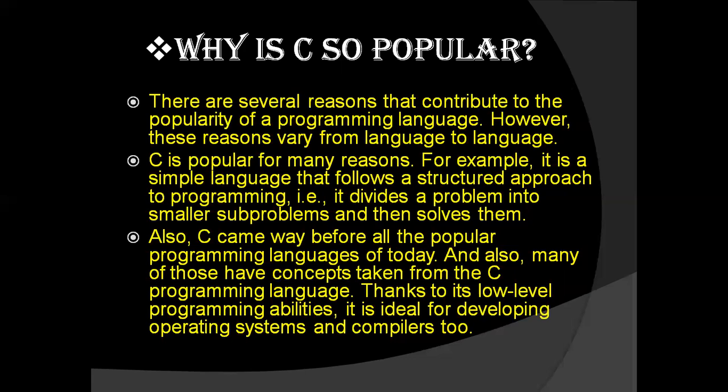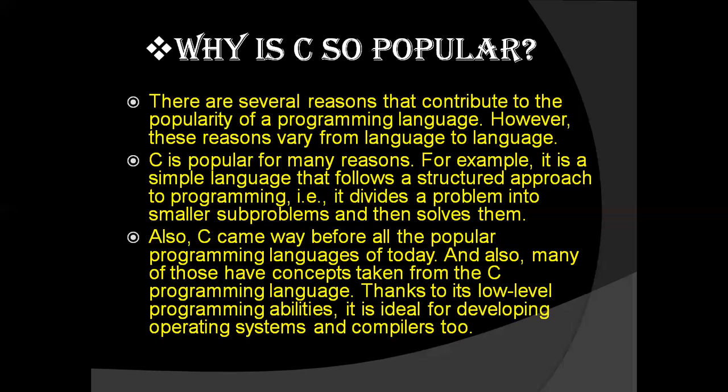For example, it is a simple language that follows a structured approach to programming. That means it divides a problem into smaller subproblems and then solves them. So when a huge problem is given, it divides it into smaller pieces, smaller bits, and then solves step by step.